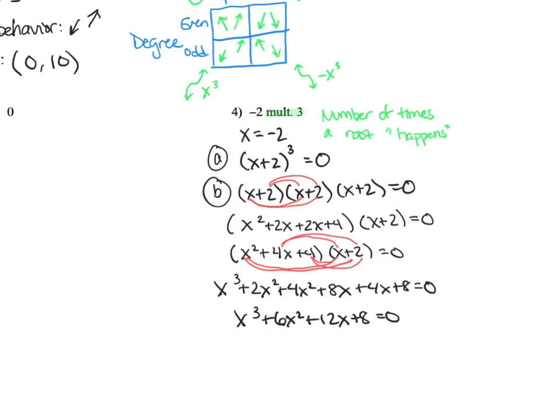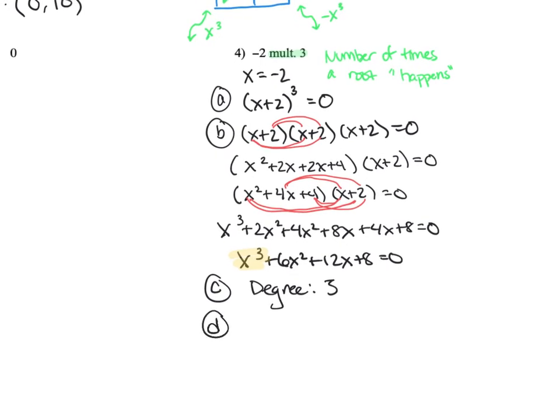Now remember, when we're looking at standard form and we want to determine our degree and our end behavior, we're going to be looking at our leading term, which is right here. I'm going to take a look at my degree, or my highest exponent. So again, my highest exponent here is 3. It's just a degree 3 polynomial.